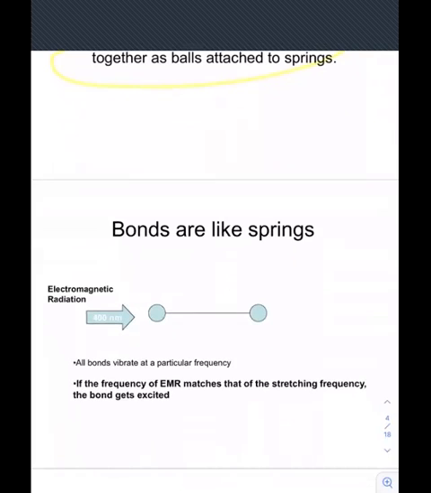So let's say the bond is vibrating at 400 reciprocal centimeters, and you hit it with that same frequency or same wavelength of radiation, it's going to cause some excitation in the bond.